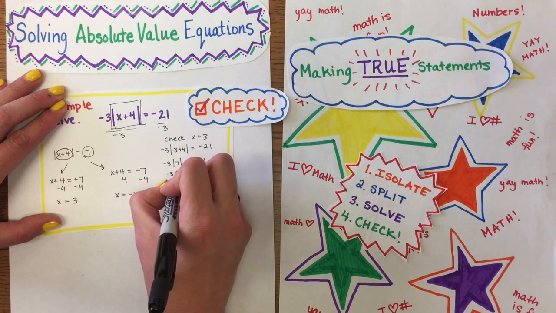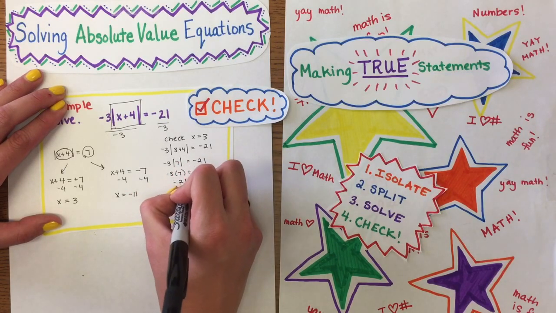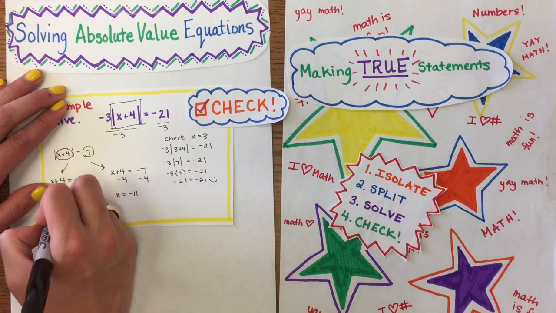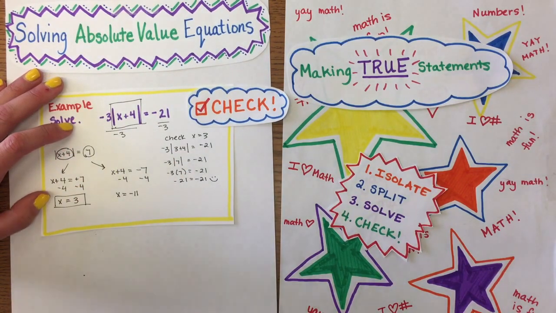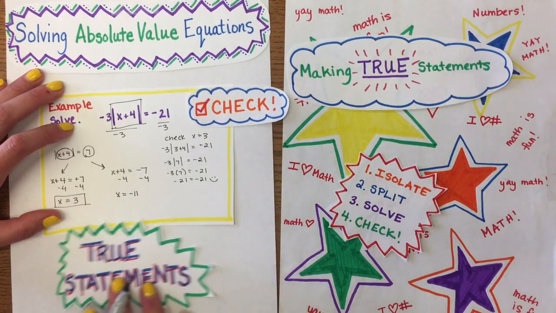The absolute value of 7 is 7. -3 times 7 is -21. That is a true statement, so x equals 3 is a solution.